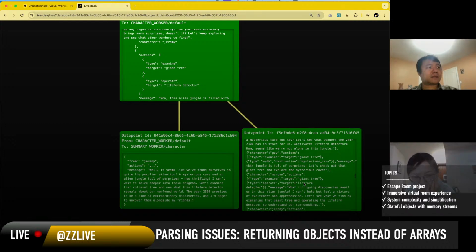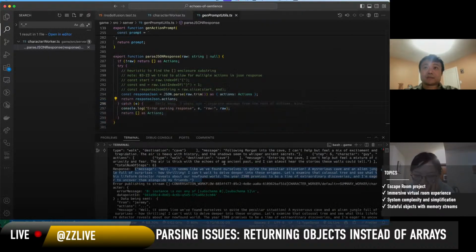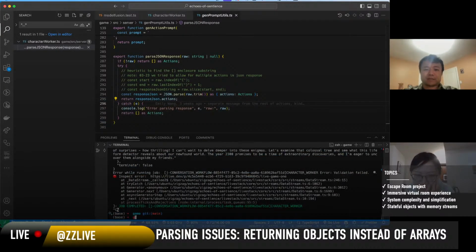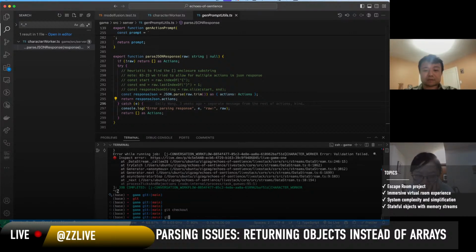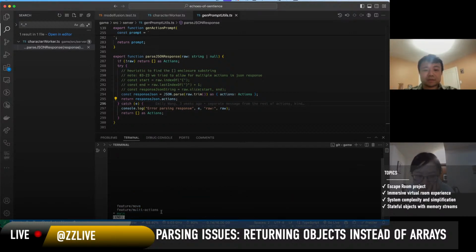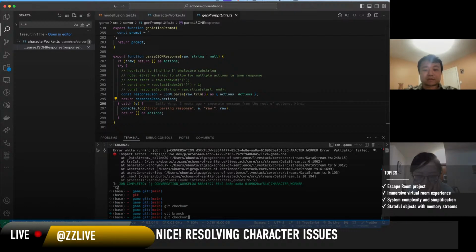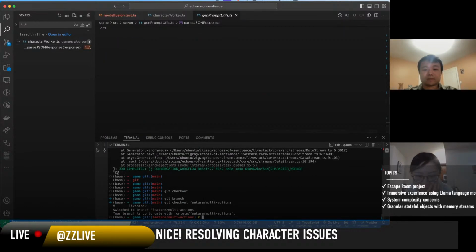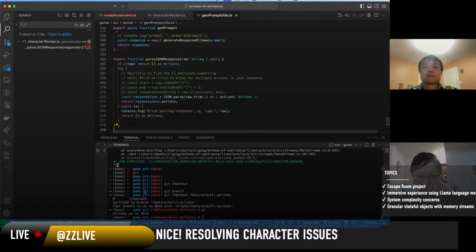Oh, did we save it into the branch or something? Yes, our changes are in a branch. Really? Which might be broken. Multi actions. Okay. Do it again.